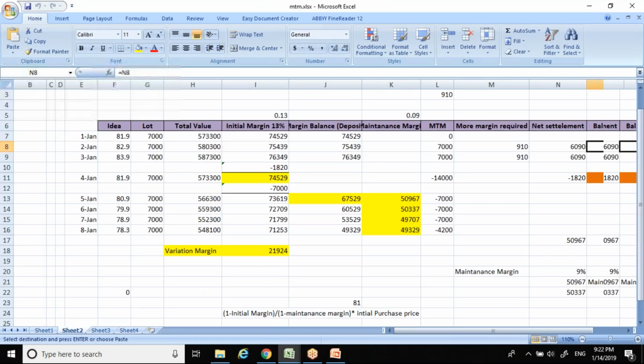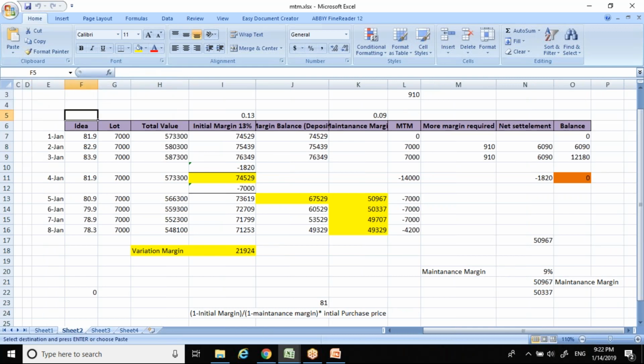Let's suppose there is a company named Idea Cellular, and we have a share listed on the National Stock Exchange. On 1st January, the price is around 81.90, and the lot size, or the contract size, is around 7,000. So the total value comes to around 573,300, which is basically lot size multiplied by the price.